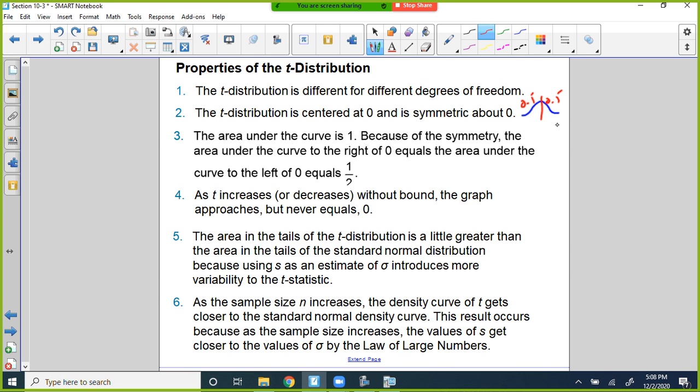As t increases or decreases without bound, the graph approaches but never equals 0, okay? So the area in the tails of the t distribution is a little greater than the area in the tails of a standard normal distribution because s, as an estimate of sigma, the standard deviation, introduces more variability to the t statistic, right?